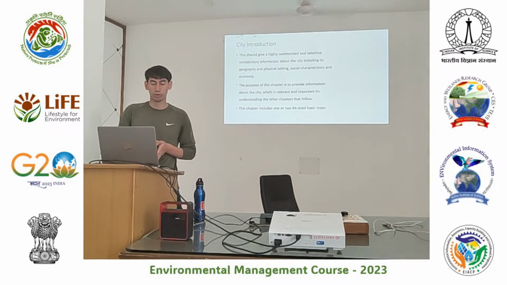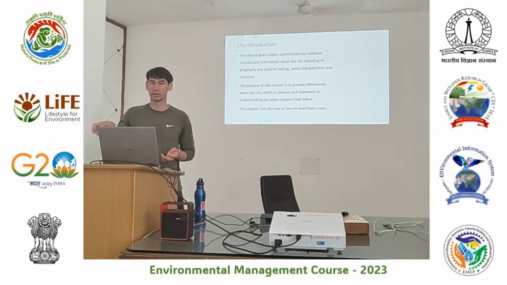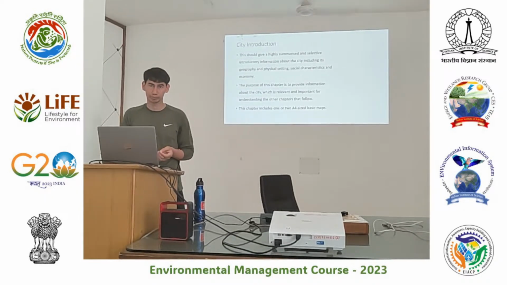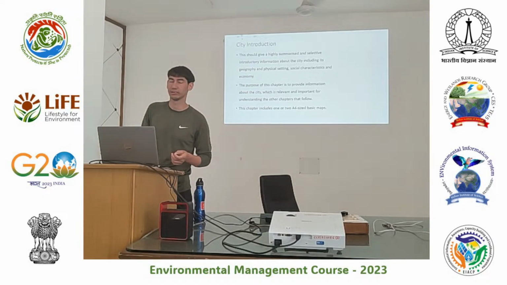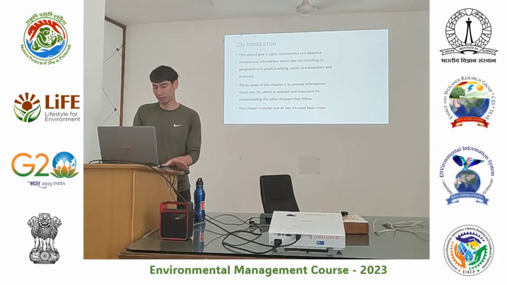This chapter includes one or two A4 size basic maps about the city and where the main things are located. Here we can also label them on the maps.